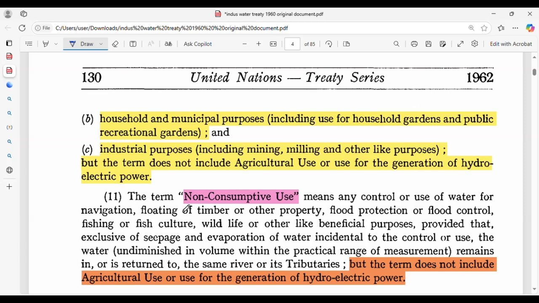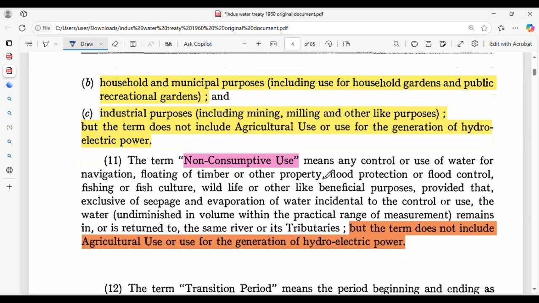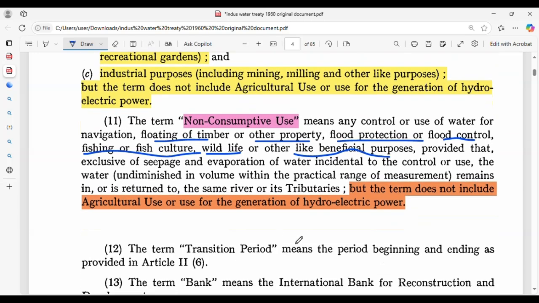The term non-consumptive use. Non-consumptive use means the control or use of water for navigation, floating of timber, other properties, flood protection or flood control, fishing, culture, wildlife, other beneficial purpose, but the term does not include agricultural use or use for generation of hydroelectric power.